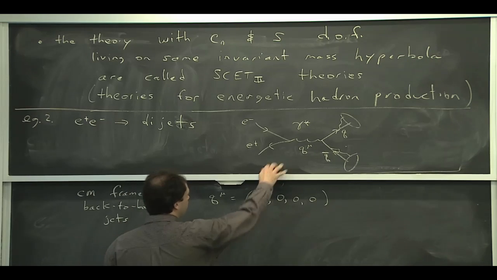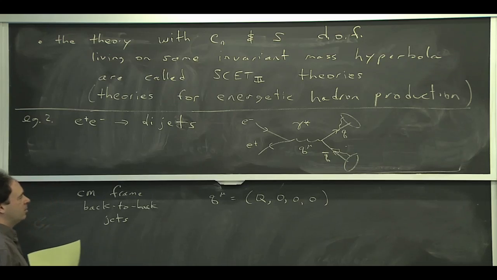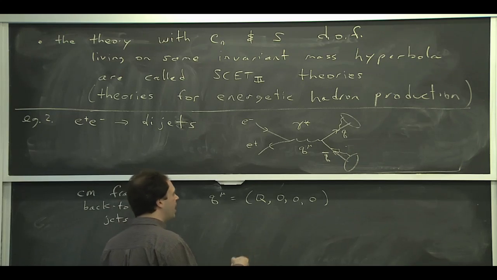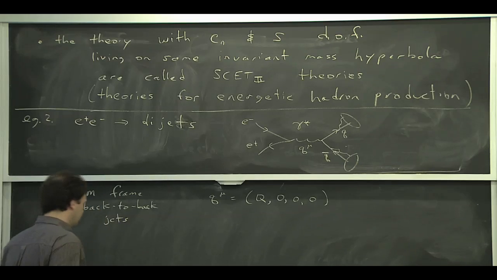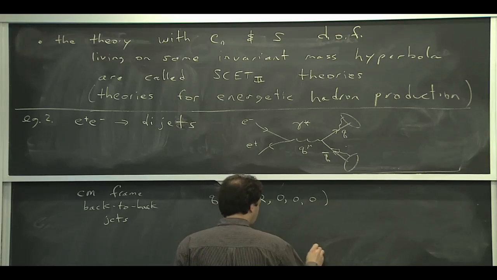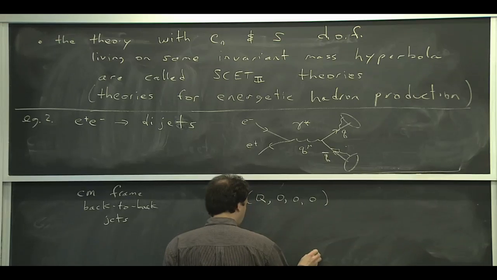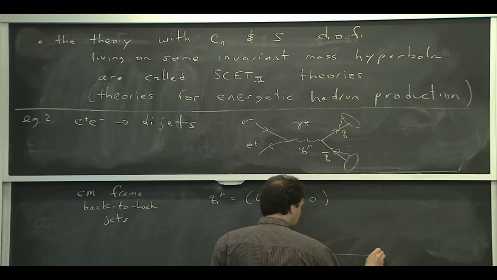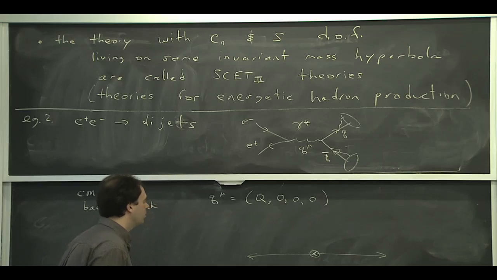And if you ask what does the event look like in the center of mass frame, then these 2 jets which are going out have to balance each other. And so you have 2 back-to-back jets. So we draw it like this. One jet going this way, one jet going that way.